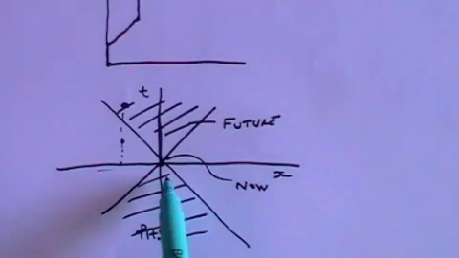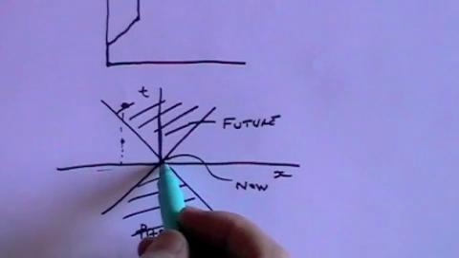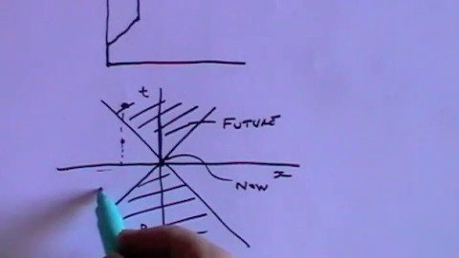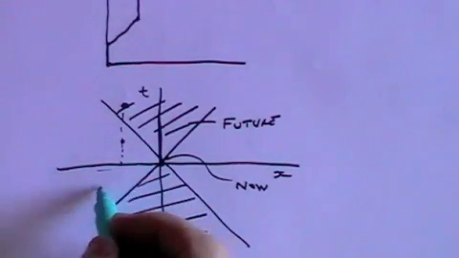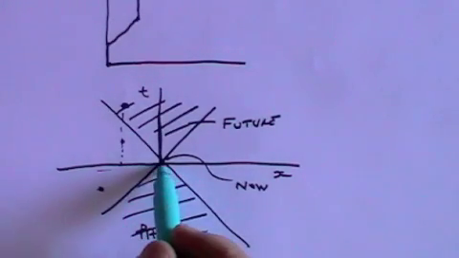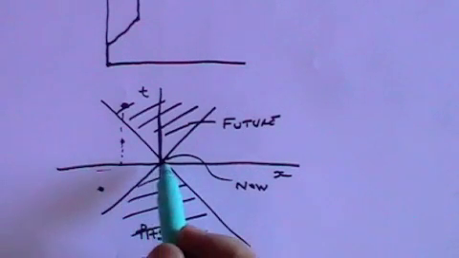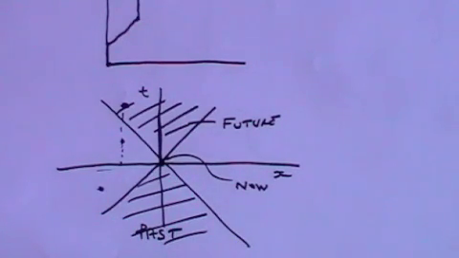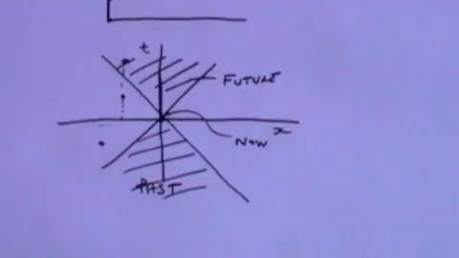And similarly, my past has been constrained by this area. If I am here now, I could never, at some time in the past, have been there. Because if I had been there, I could never get here because that would require me to go faster than the speed of light.